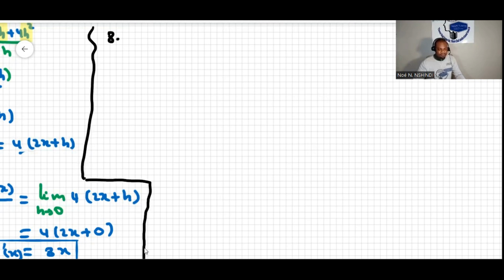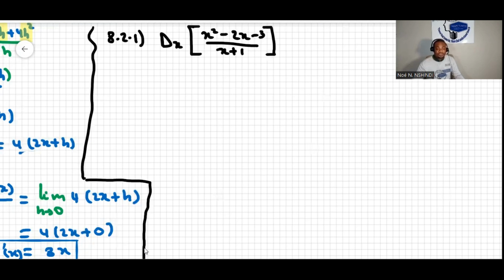I'm going to write here 8.2.1, and the function given was d/dx of (x squared minus 2x minus 3) over (x plus 1). So now we're looking for the derivative, okay? So what is this equal to?